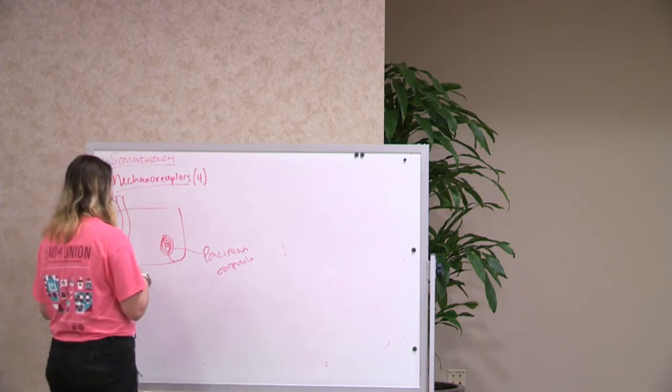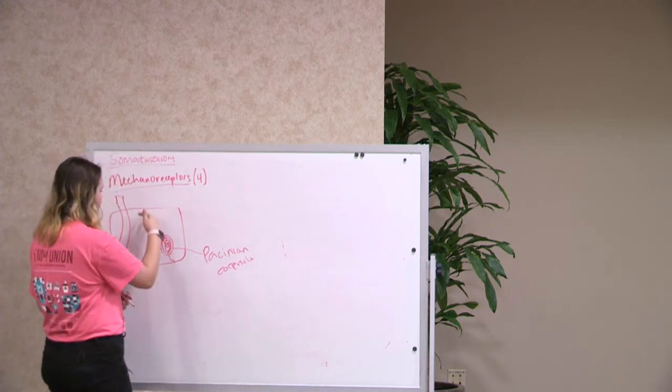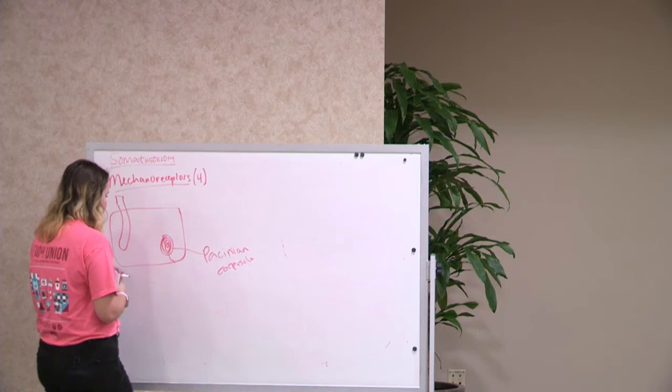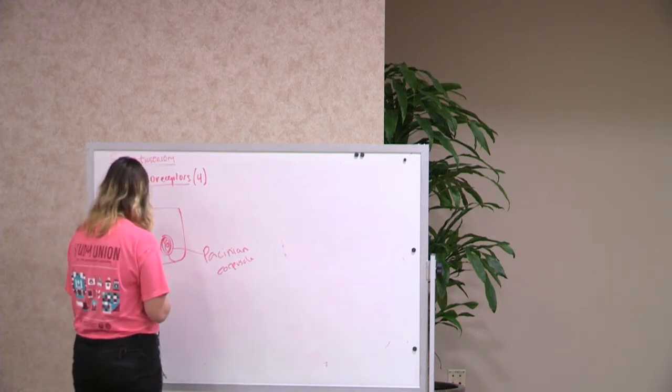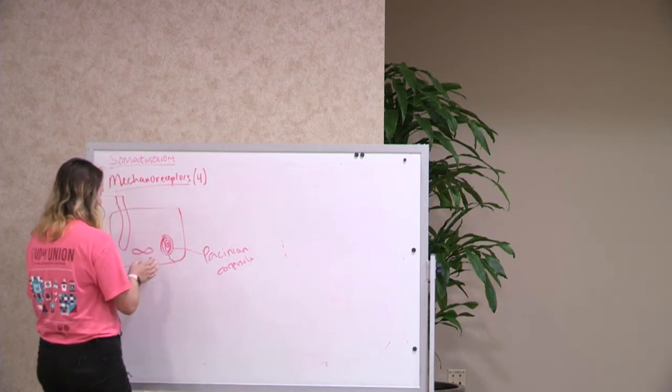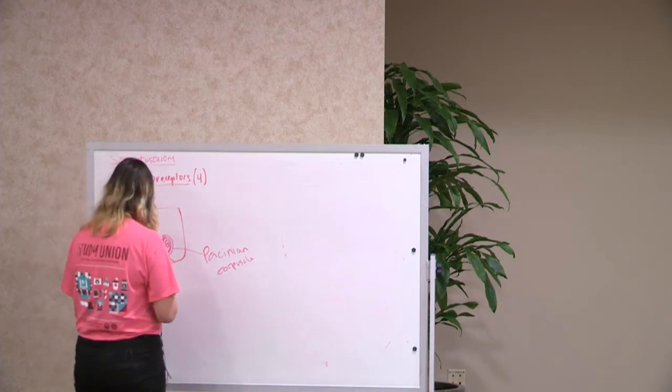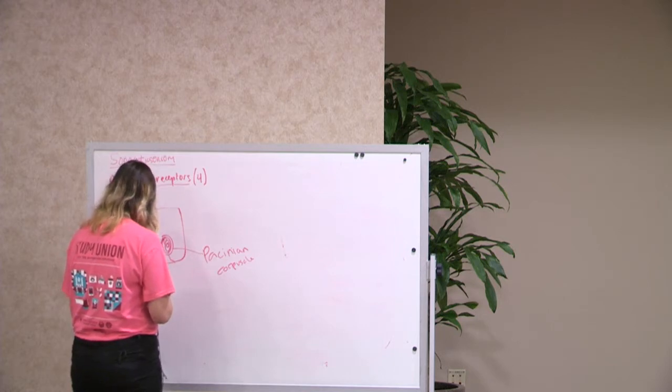And it's good to get an idea of which ones are deeper in the epidermis and which ones are more on top of the epidermis. And then you have one that reminds me of a football shape, and that is your Ruffini ending.